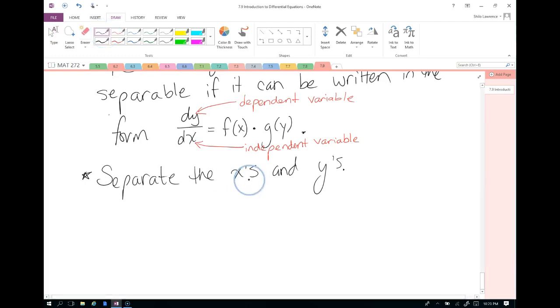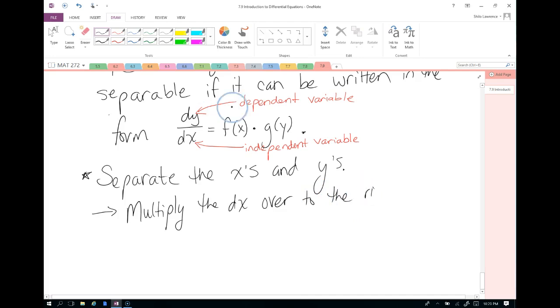So the way that we separate the x's and the y's is we're going to multiply the dx over. So we're actually going to separate this differential notation here, the dy and the dx. We're going to multiply the dx over to the right side, and we're going to divide the g of y over to the left-hand side.